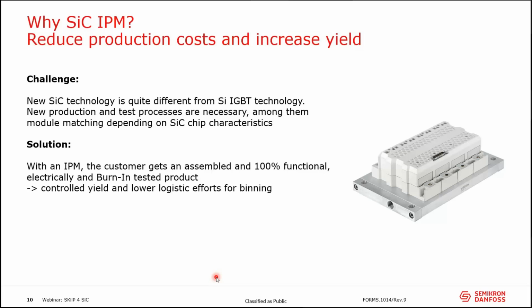In case some matching for the silicon carbide MOSFETs is needed, it is not expected from the customers. That means we will take over these additional efforts if it's needed for some silicon carbide MOSFET types.